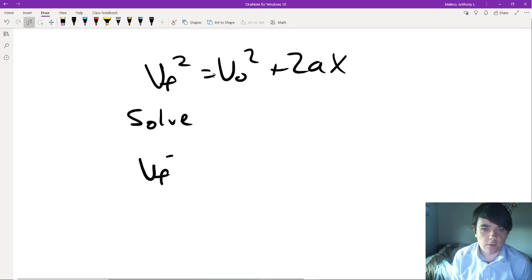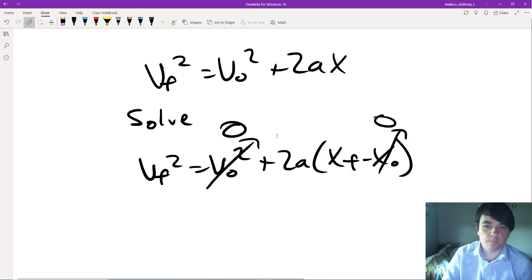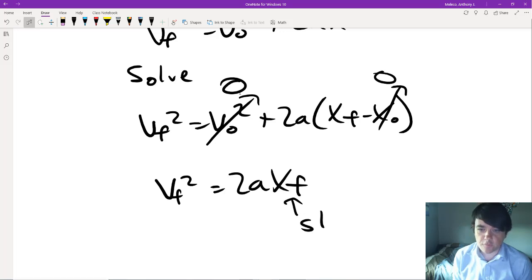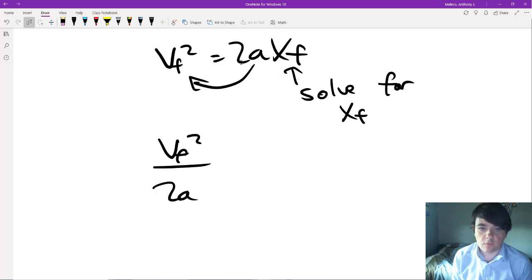So v final squared, I'm going to do similar to what I did last time. This guy's 0. This guy's 0. Solve for this. So v final squared over 2a equals x final.